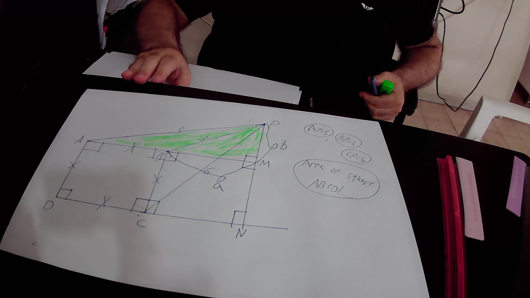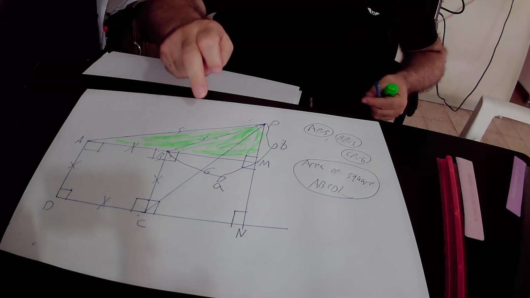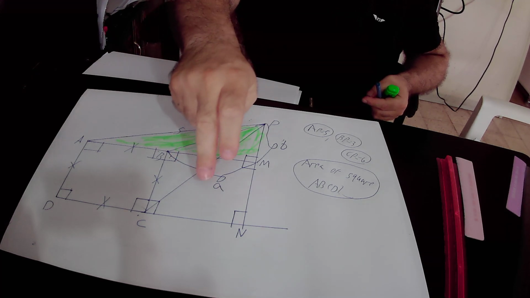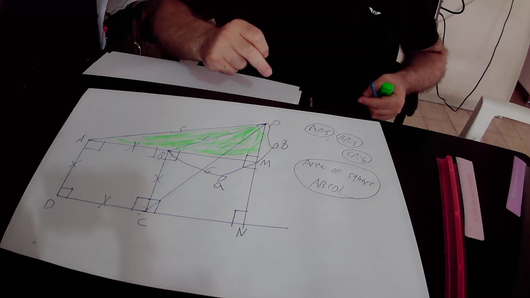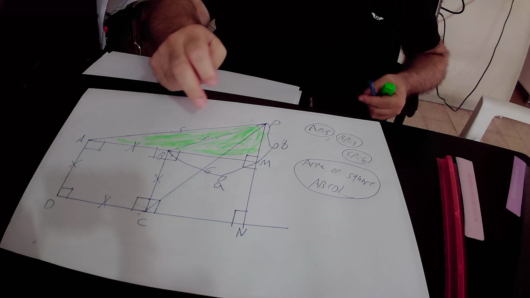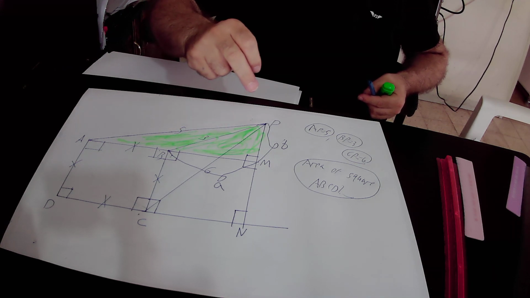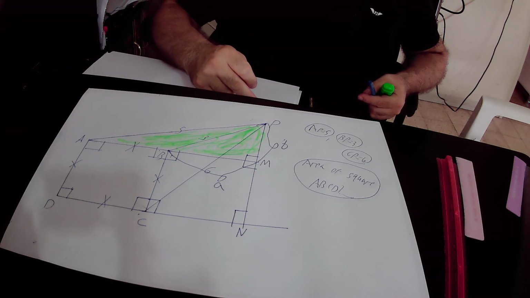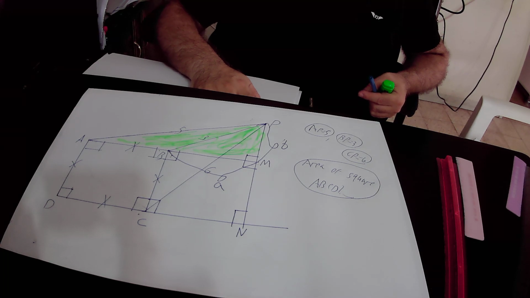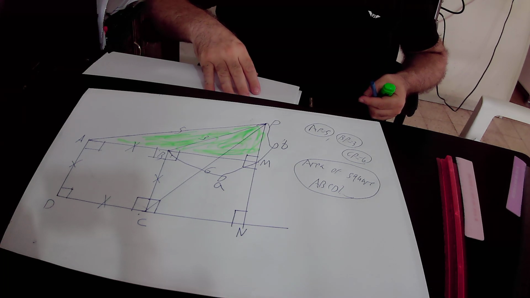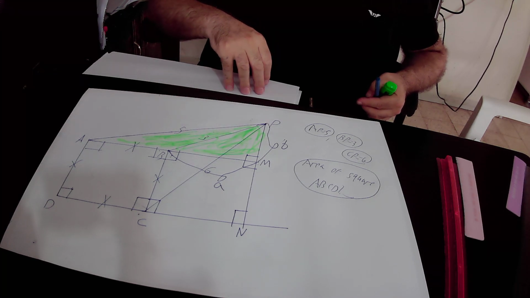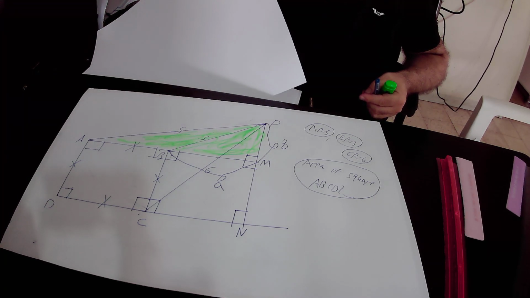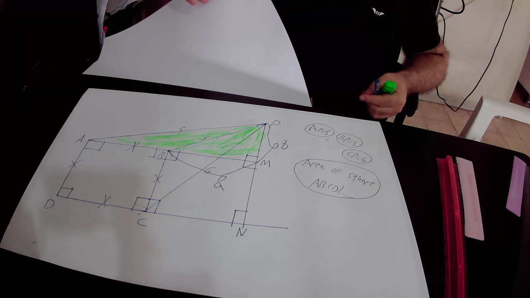We have already found that in quadrilateral BMCN, this quadrilateral, we have 4 right angles. Therefore, quadrilateral BMCN, that has 4 right angles, is a rectangle. So we will relate to quadrilateral BMCN as a rectangle. I write it down.